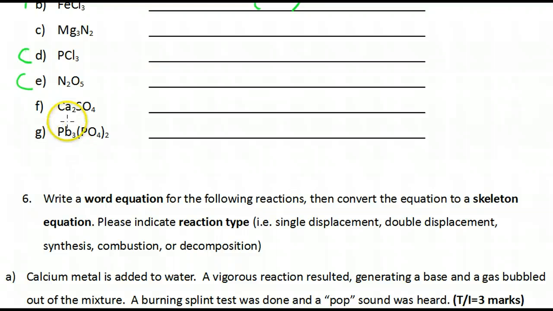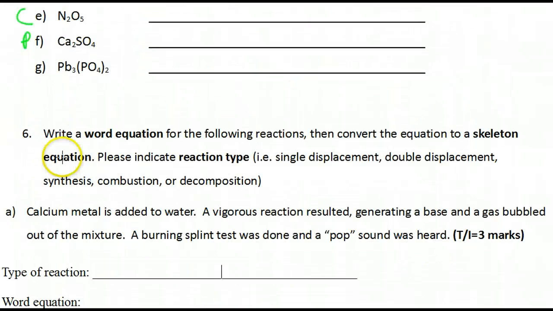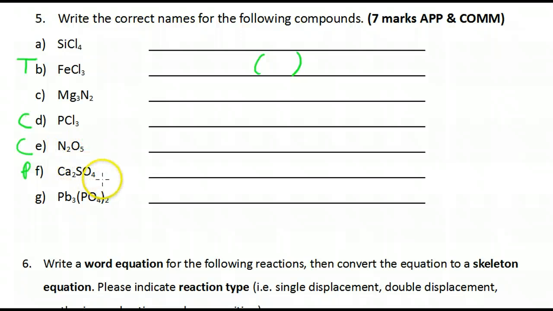And then right here, let's see, calcium and, oh, we have a polyatomic ion. We can tell that right away. Let's just double check to see if calcium is a regular metal or a transition metal. Where's calcium? Oh, it's close, but not quite. You can see right here that it's not a multivalent transition metal. So it's just polyatomic. It's going to end probably in something that's an 8, and hopefully you've had this memorized.